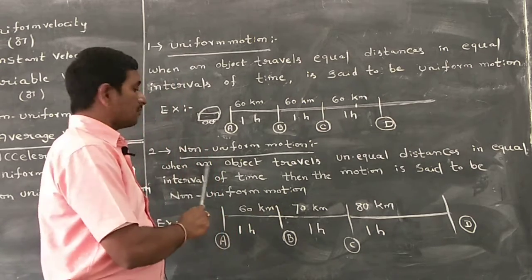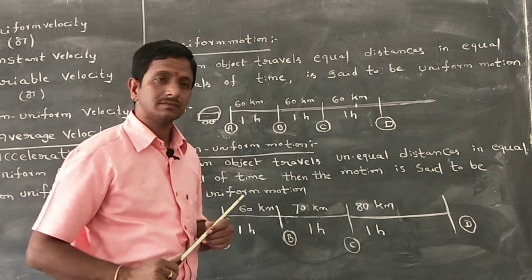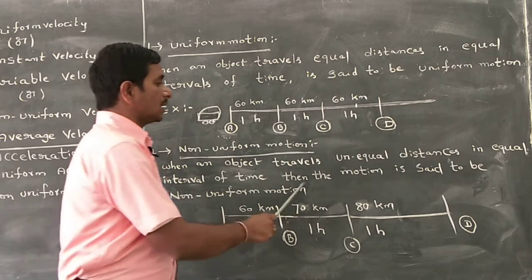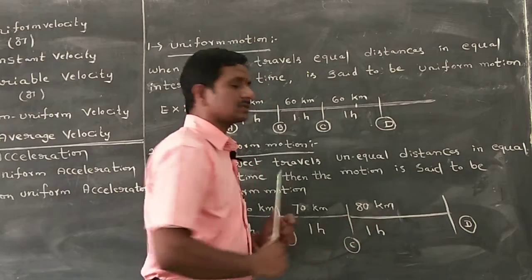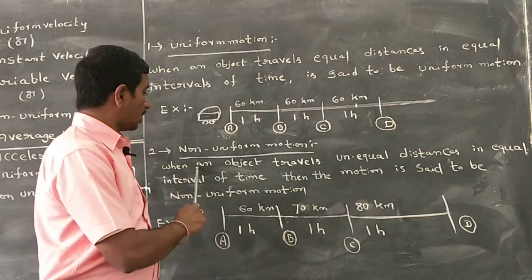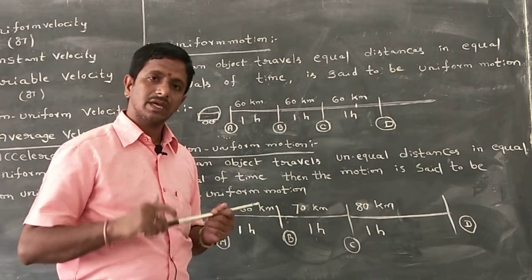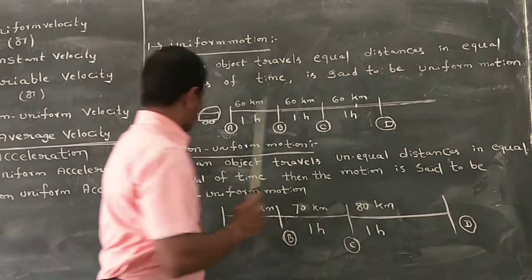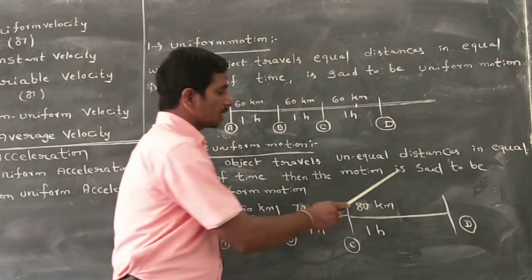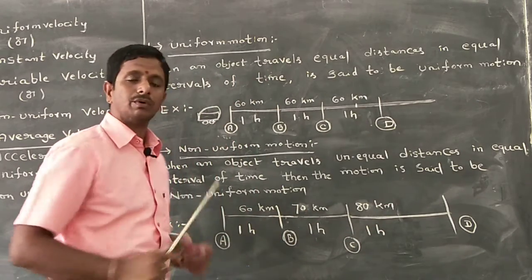Once again, when an object travels unequal distances in equal intervals of time, then the motion is said to be non-uniform motion.